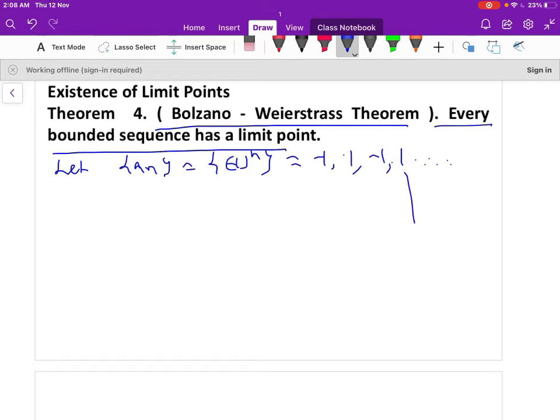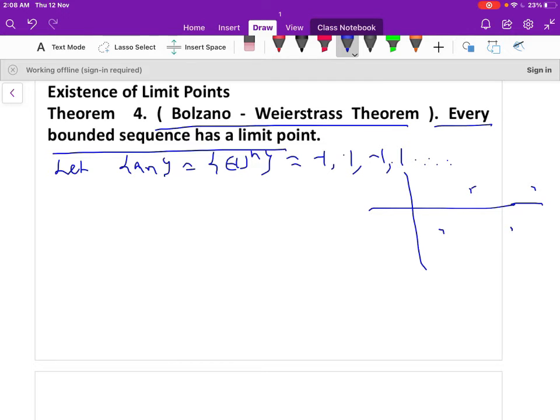And it is a bounded sequence. We can show it graphically. When n is 1, the term is minus 1, when n is 2, plus 1, when n is 3, minus 1, when n is 4, plus 1, and so on.